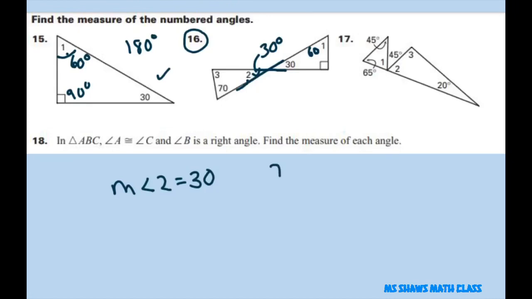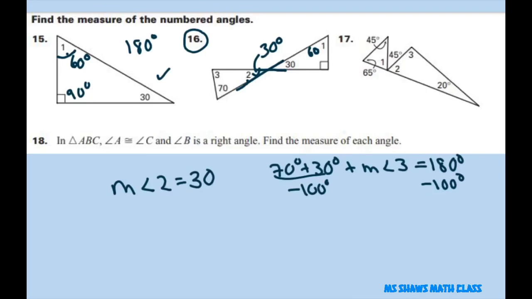So 70 degrees plus 30 degrees plus the measure of angle 3 should equal 180 degrees. So this is 100. You subtract 100 degrees from both sides. You get the measure of angle 3 equals 80 degrees. So this would be 80 degrees.